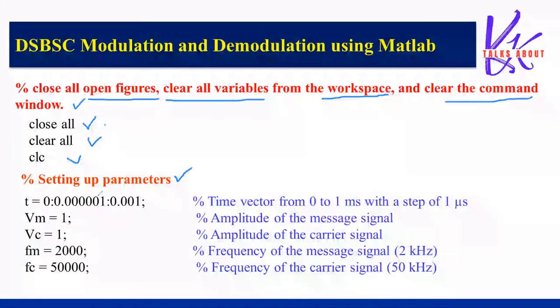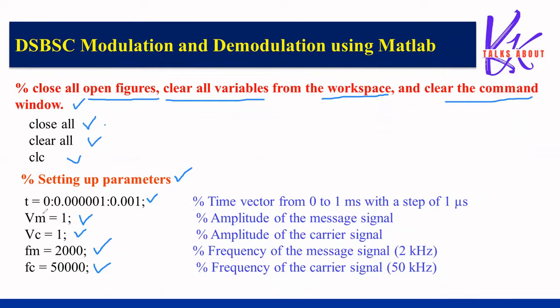We know that m(t) = Am cos 2 pi fm t requires the amplitude of your message signal, the frequency of your message signal, and a parameter t. And moreover, when I want to have a carrier, the amplitude of the carrier is defined, and the frequency of your carrier is also defined.